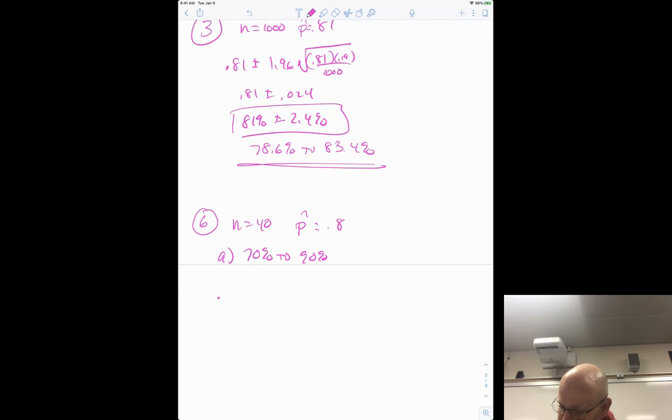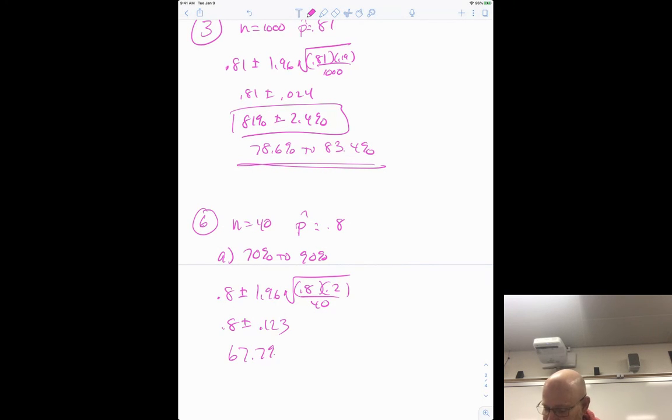So I'm going to go 0.8 plus or minus 1.96 times the square root of 0.8 times 0.2 over 40, which is 0.8 plus or minus 12.3%. So it's somewhere like 67.7% to 92.3%. It says, give a reason for the discrepancy.